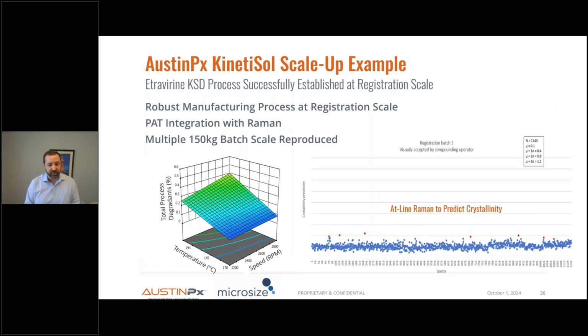We've established registration scale processes where we've not only demonstrated these process maps in terms of temperatures and speeds and their potential impact on certain drugs that may be thermally sensitive, but also we have the ability to not only use temperature as a way to control or monitor the process, but we can take a Raman spectrometer, for example, to the line to conduct process development experiments or collect data during registration and validation batches to support the final process control strategy.